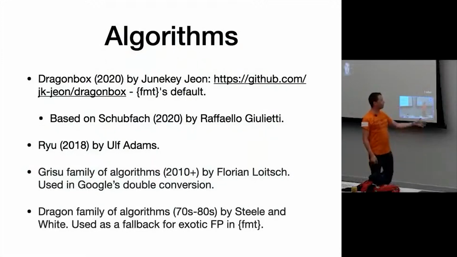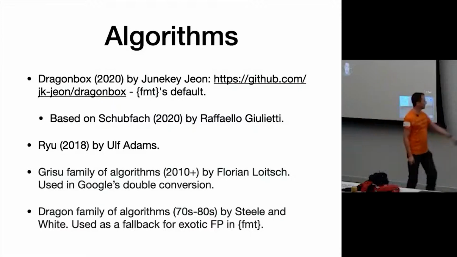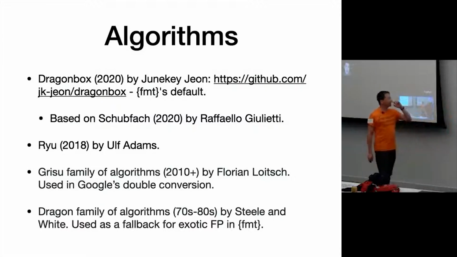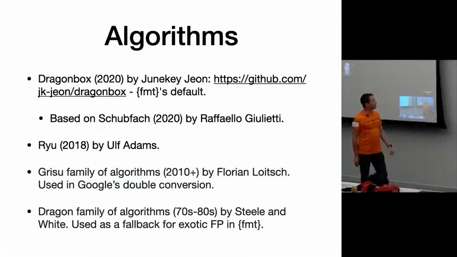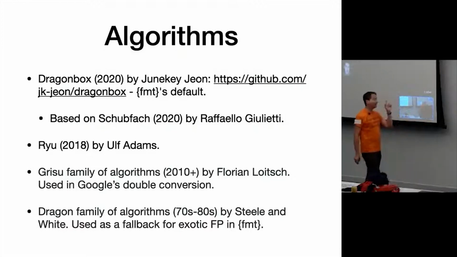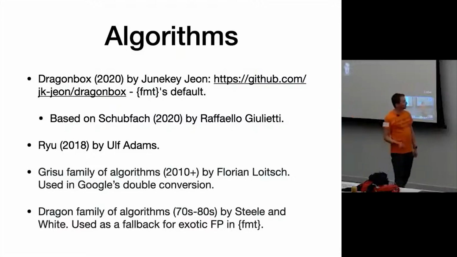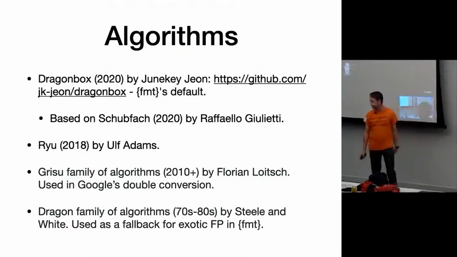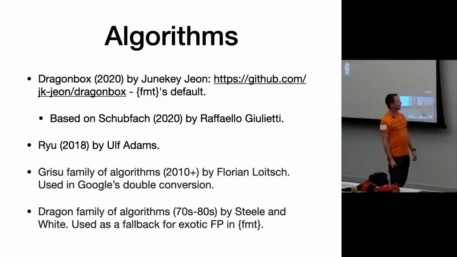So some of the popular algorithms, state of the art and not state of the art. One of the latest is Dragonbox by Junekey Jeon, who contributed to the FMT. It's amazing work, and now it's in the details of FMT. It's based on another algorithm, Schubfach, also recent, 2020. People are still coming up with algorithms.